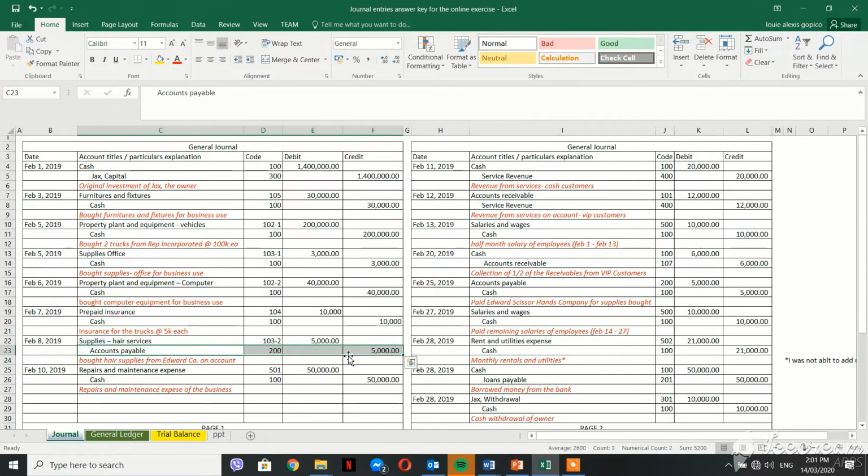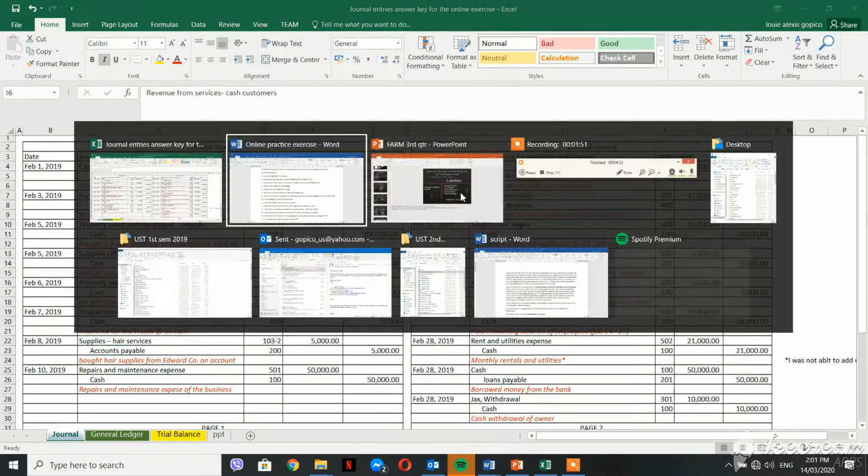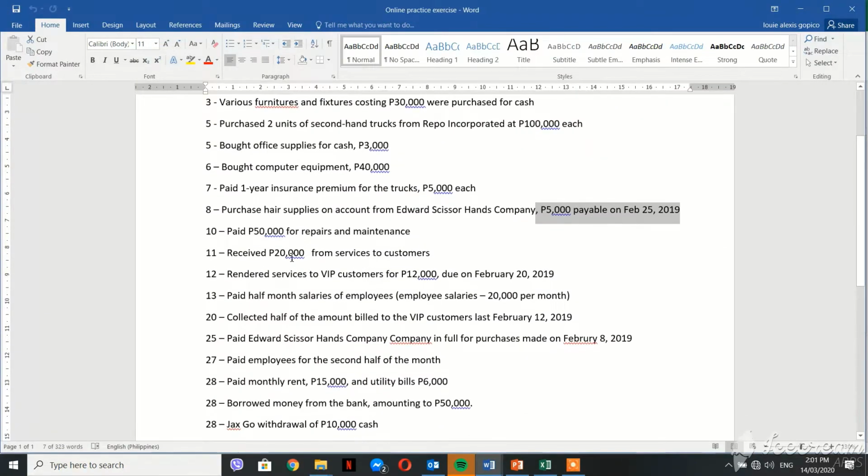Next. So let's move on to February 11. Sige, February 11. So we received 20,000 pesos from services to customers. Okay, so basically we receive cash. See, it is mentioned, we received 20,000 pesos. So what is 20,000 pesos? Cash.